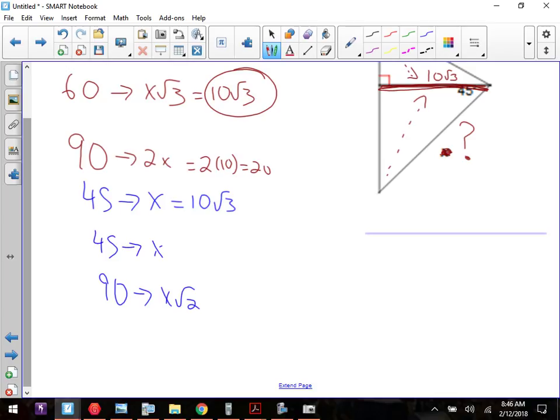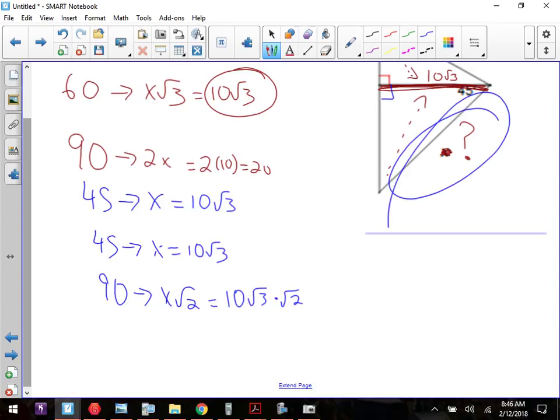Which now means in that triangle, everywhere I see a value of x, I'm going to rewrite it with 10 root 3. And which one of those side lengths did I need to find? Across from the 90, because it was this guy that had the question mark. So in my calculator, I type in 10 root 3 times root 2.